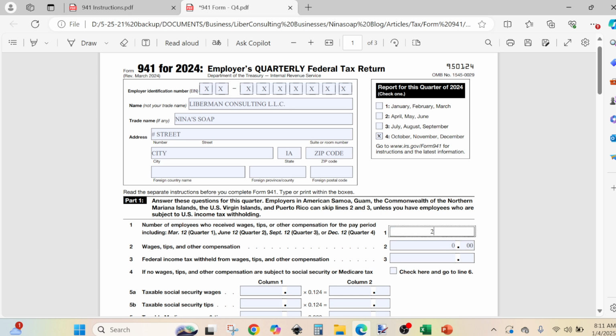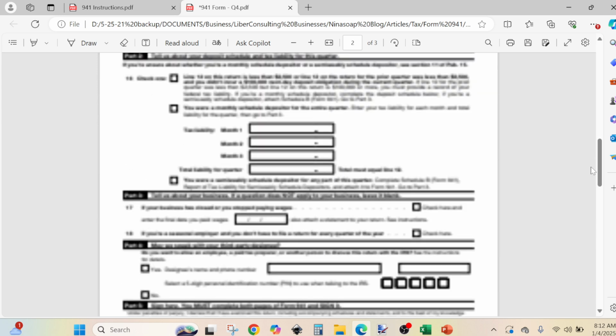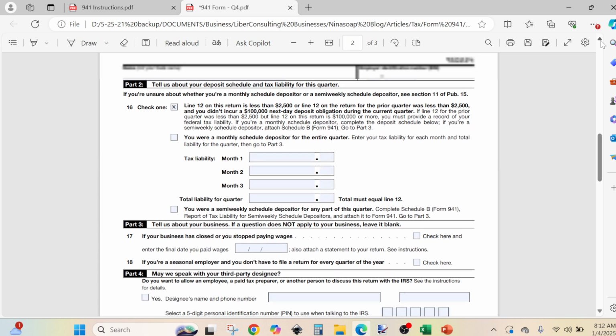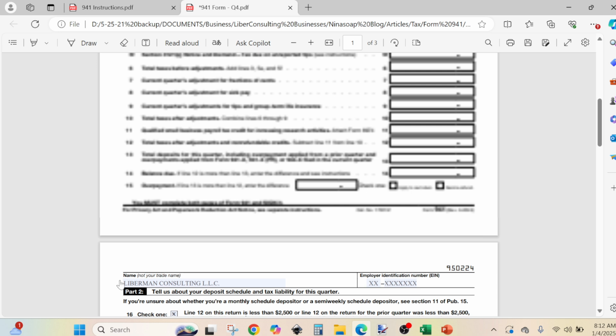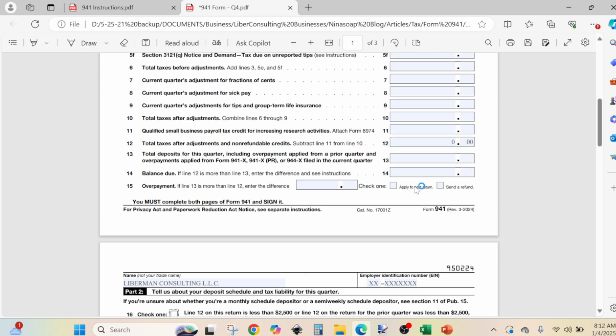In that instance, we are working with 2 employees. So let's take those zeros out of the way, so that we can work with the second scenario.